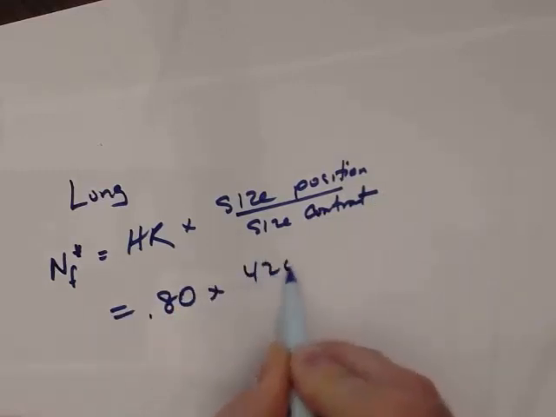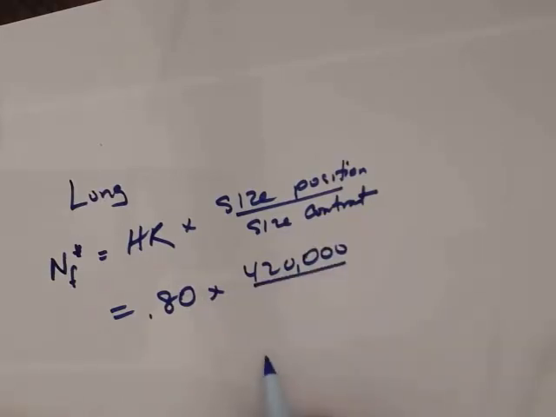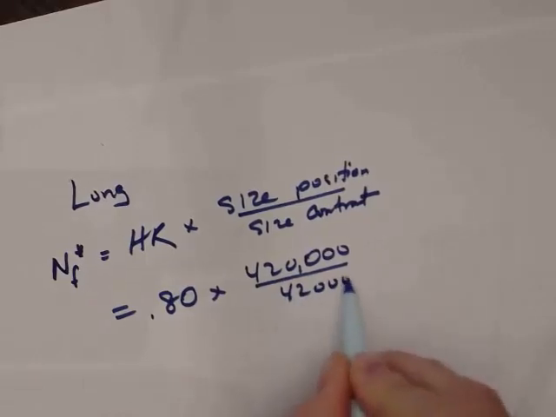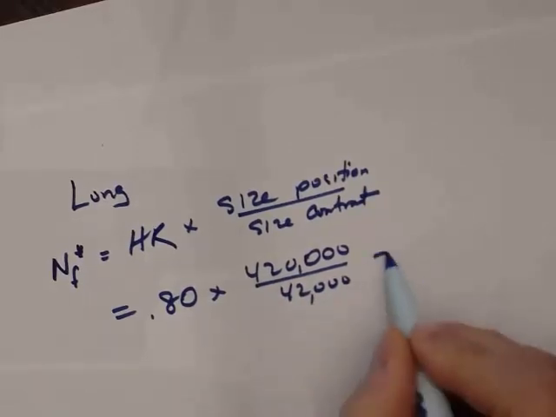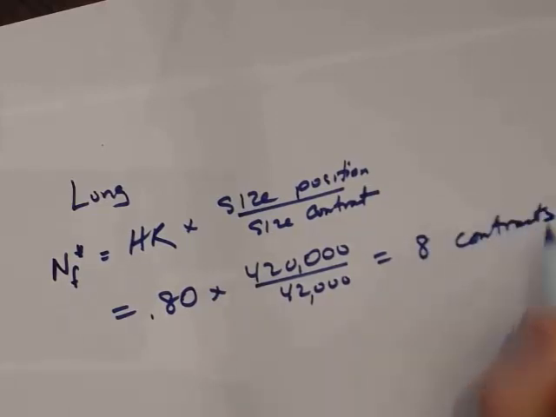We have 420,000 gallons in our anticipated purchase that we need to hedge. Each contract is 42,000 gallons, and that means we need 8 contracts to hedge. We need to go long 8 contracts to offset our implicit short position from having an anticipatory purchase.